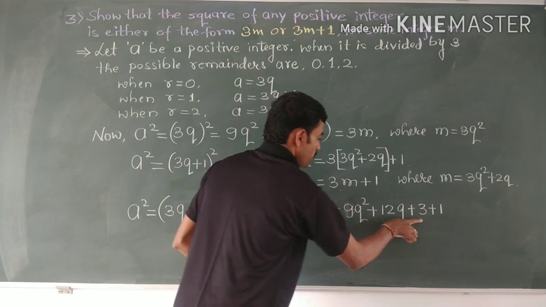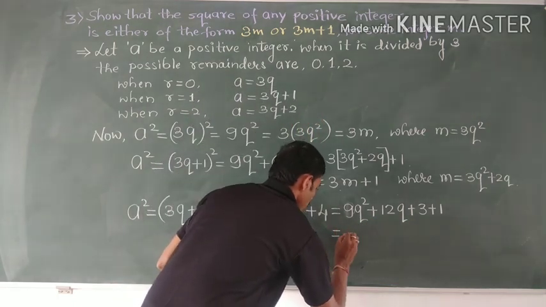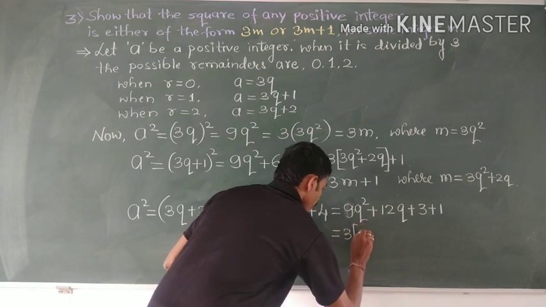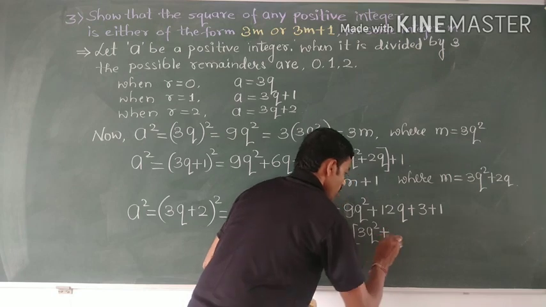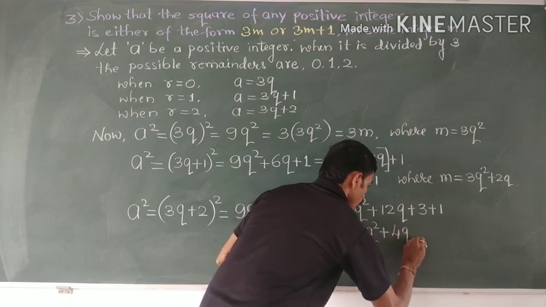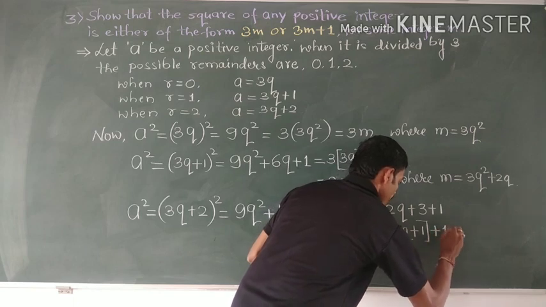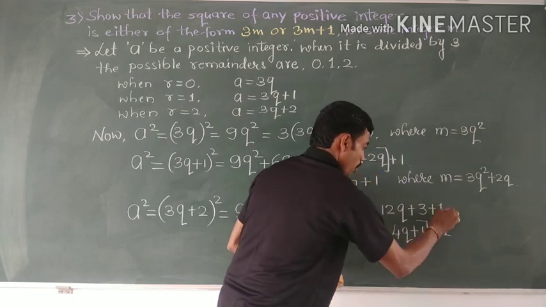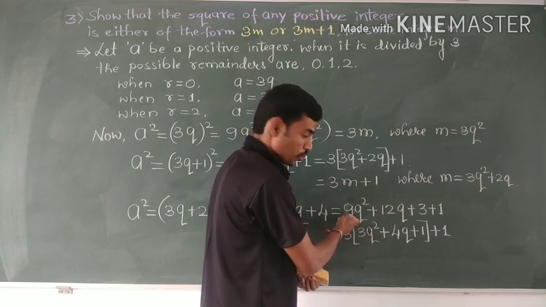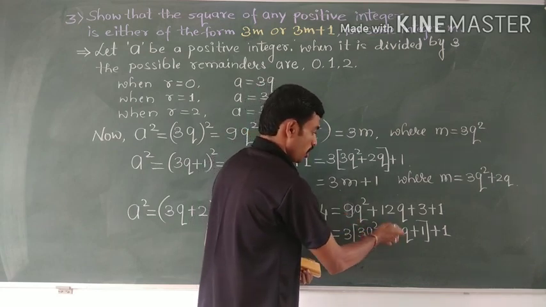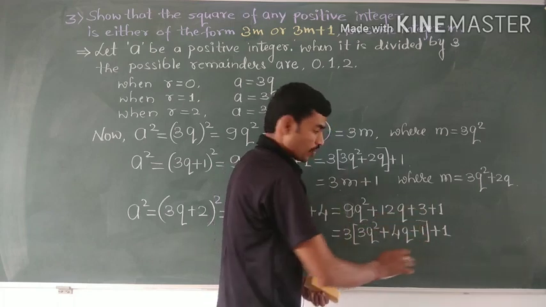Now in these terms, what is common? 3 is common. So write 3 as common. That is 3q square plus 4q plus 1, plus 1. So 3 into 3q square, 9q square, plus 3 4s are 12q, plus 3 1s are 3, plus 1.